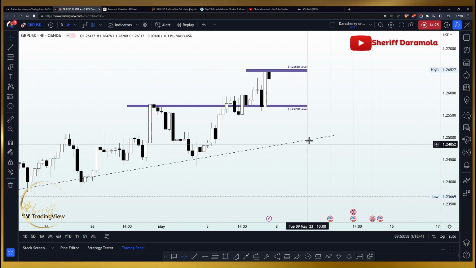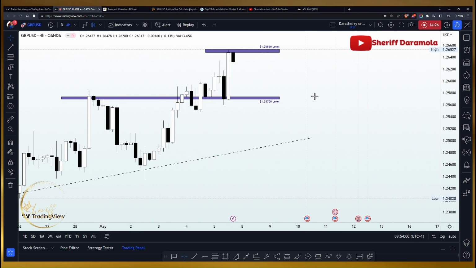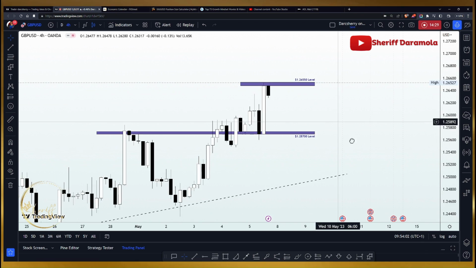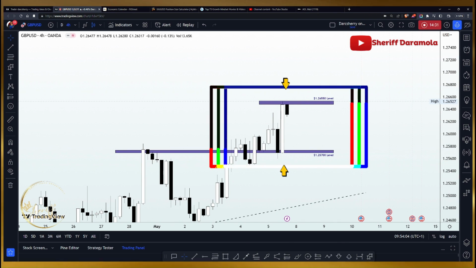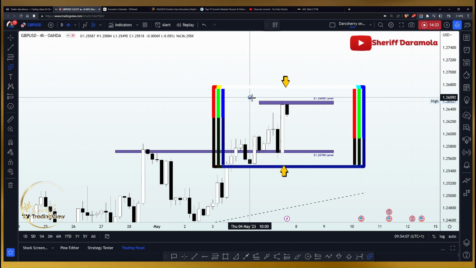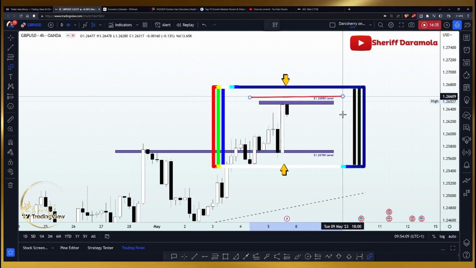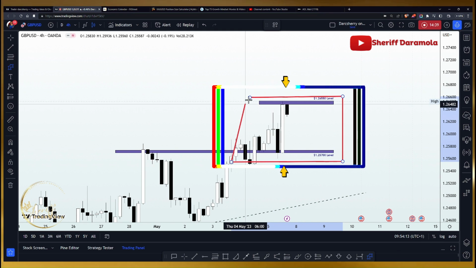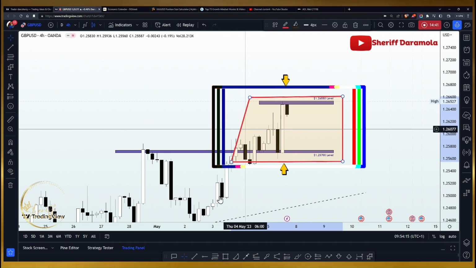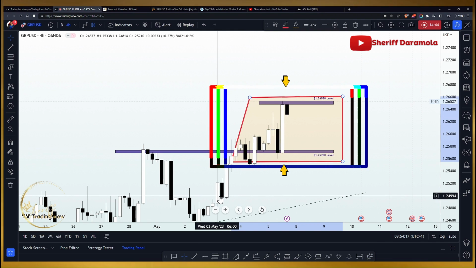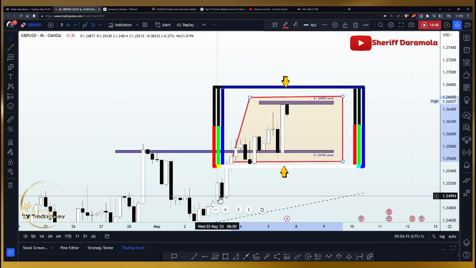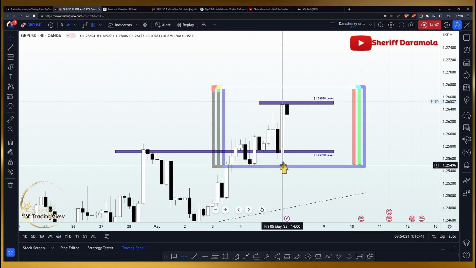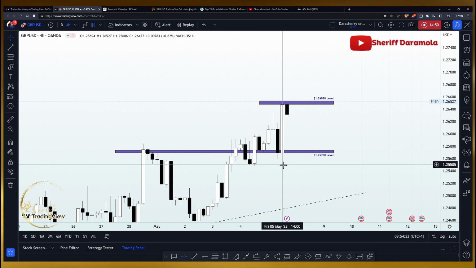So we are at a critical point in the market right now where price action, the zone within the 1.2655 area and the 1.2570 level will be our center of focus for this week. So we have the resistance level at the 1.2655 and the support line at the 1.2570 area.